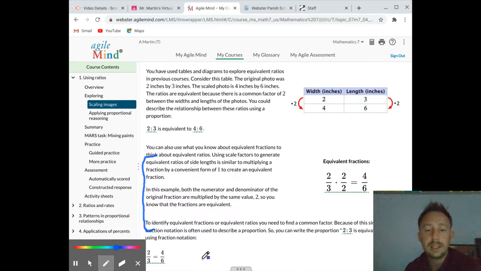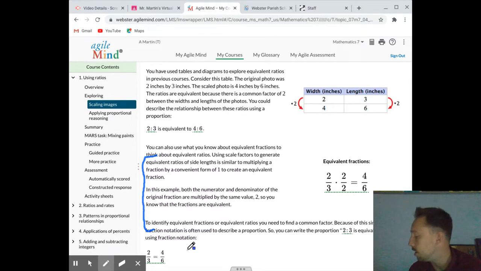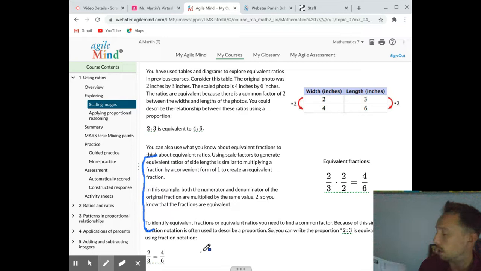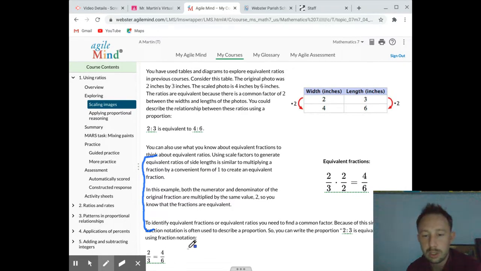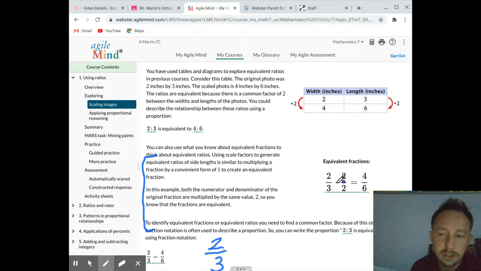All right? Who can create more than one equivalent ratio to 2/3? We'll be doing this on number 3 on page 6 in our workbook. So let's try this now. If we have 2 to 3, we notice that a scale factor of 2 gave us the new equivalent ratio of 4 to 6.